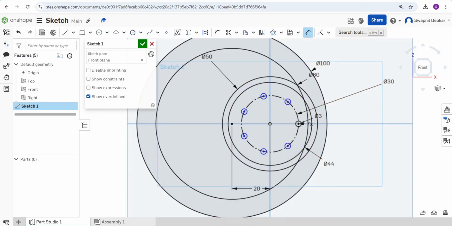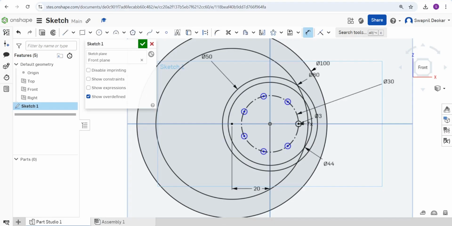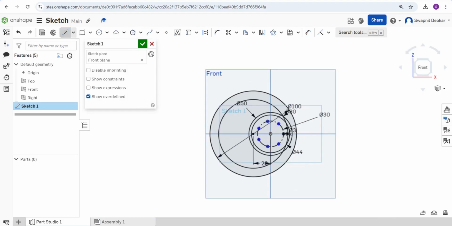Now next, there are two circles outside and they are tangent to this 100 circle. It is 127 and diameter is 21 and 50. 127 and 51-degree angle. So let's draw a line from this like this.